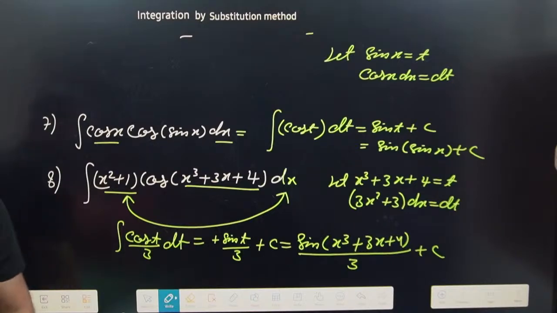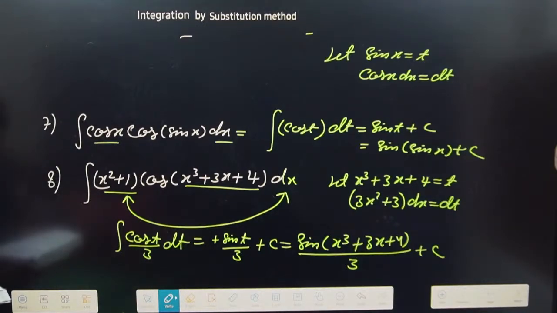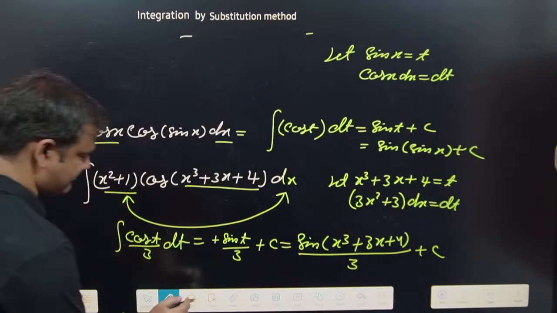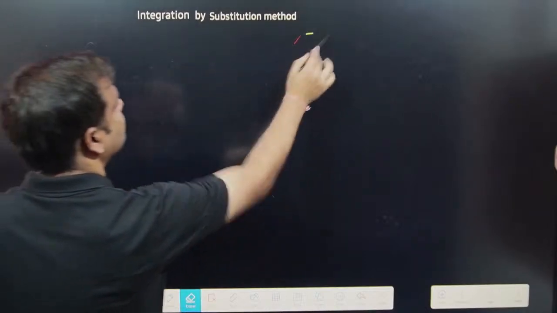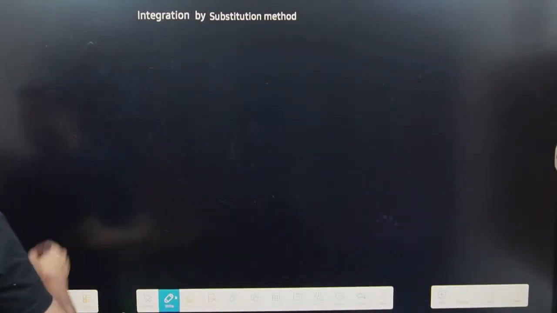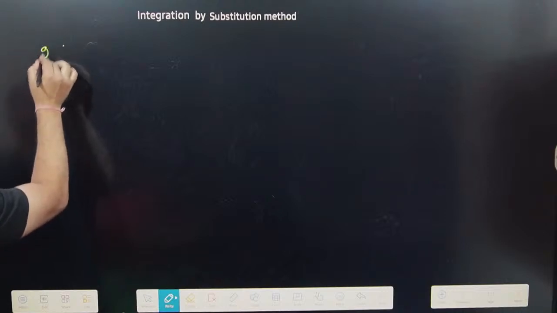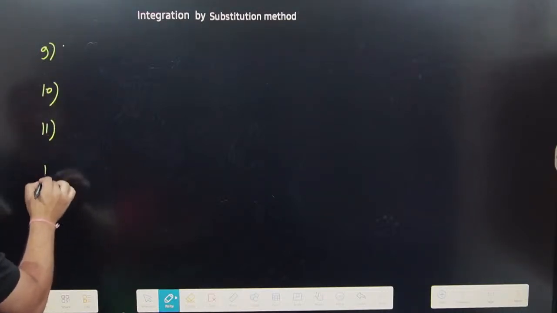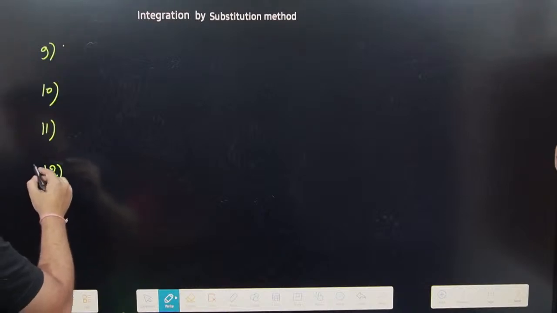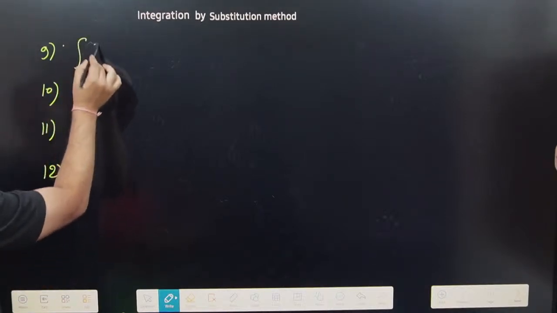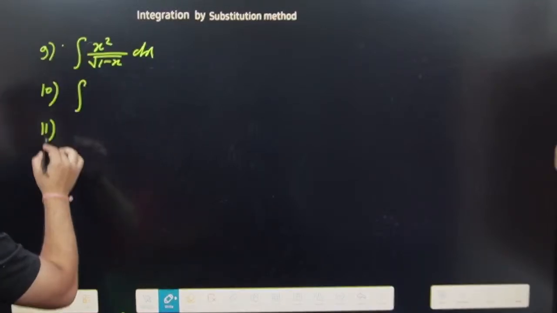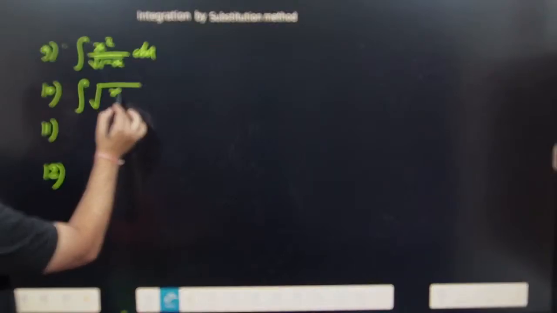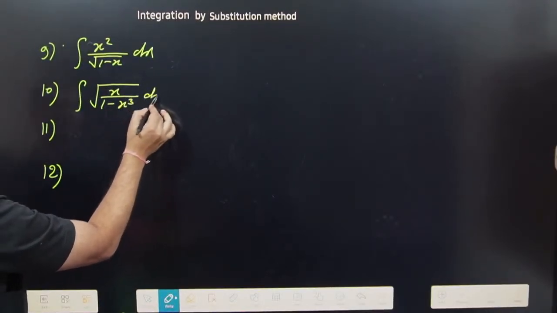After that I will take another problem. Now nine, 10, 11, 12. Okay. Integration of x square upon root of 1 minus x dx, and the next one is root x upon 1 minus x cube dx.